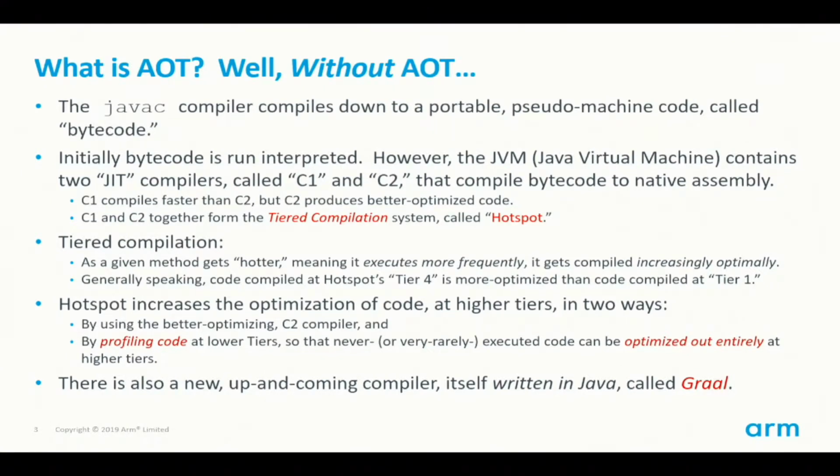There's another way it makes the code more optimal for the higher tiers, and that's profile-driven real-time optimization. In the lower tiers, it will insert some instrumentation code to profile what your code does as it runs and, more importantly, what it does not do when it runs.